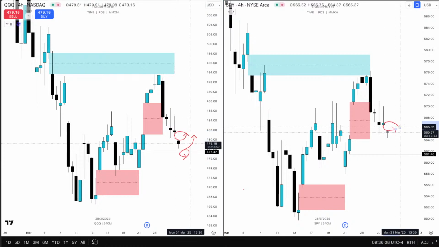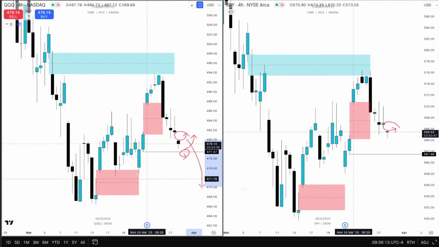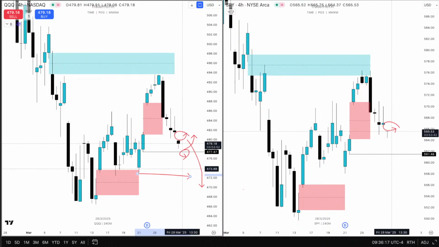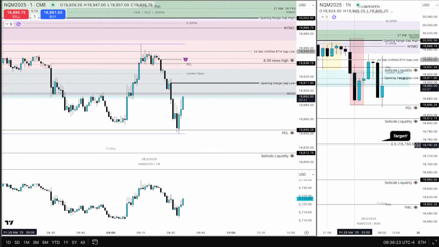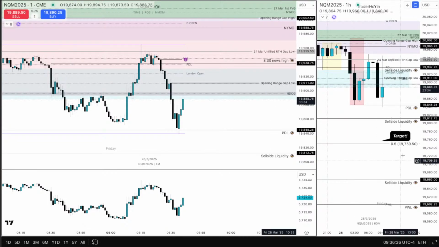If it can't close above these gaps, then fail and trade lower. My bias is bearish.